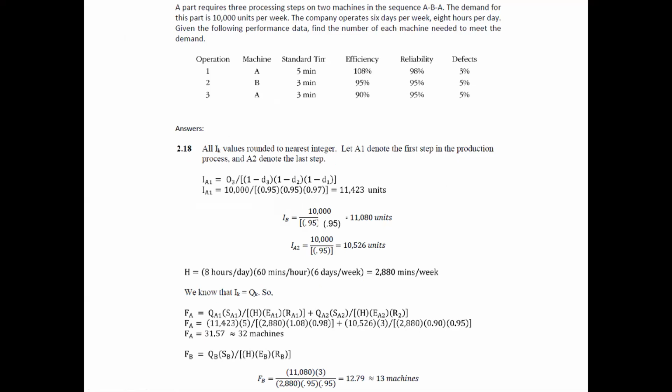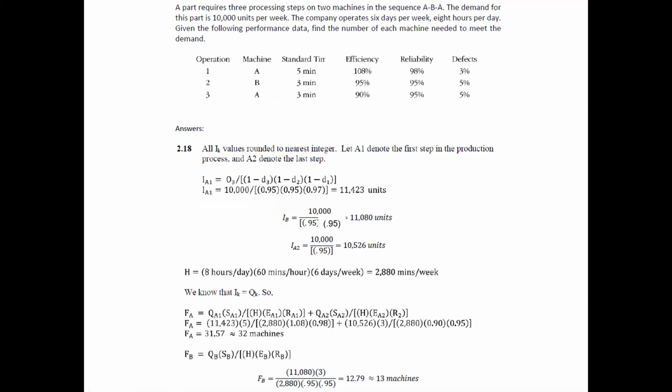And then for A2, which is the last operation, we are also computing the input needed for that operation, 10,526 units.